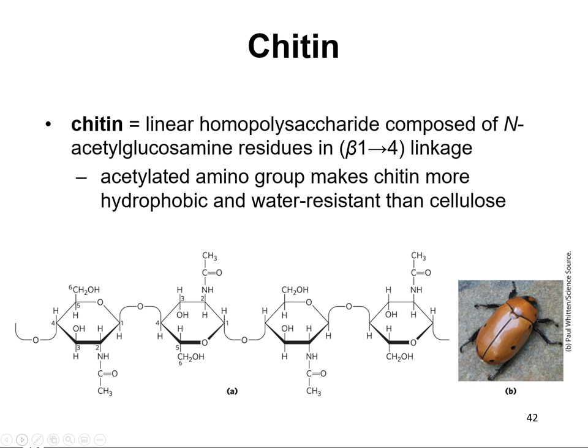Chitin is another example. So this is a homopolysaccharide that is comprised of acetylglucosamine. And we didn't talk about all of those different derivatives of glucose. But chitin, so if you're a bug person, that's in the exoskeleton. And it's super hydrophobic because it's acylated.